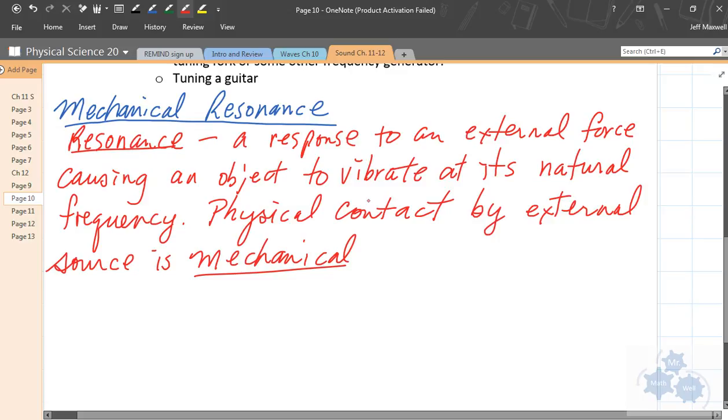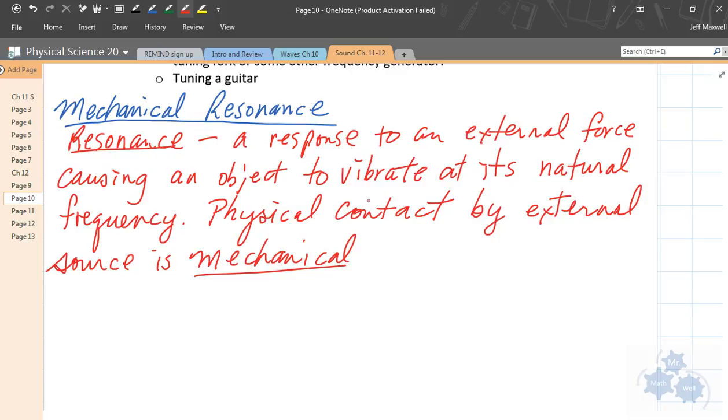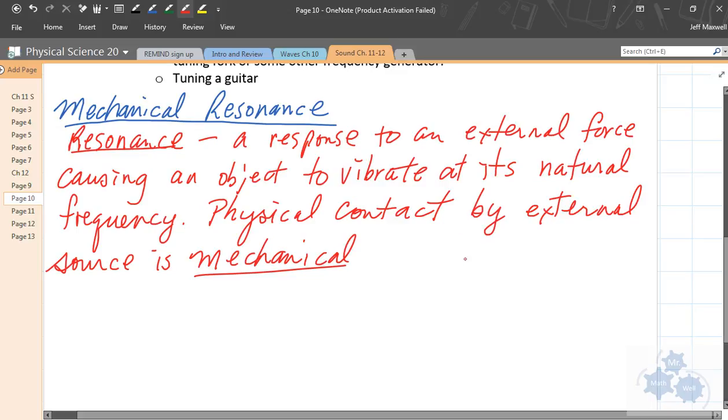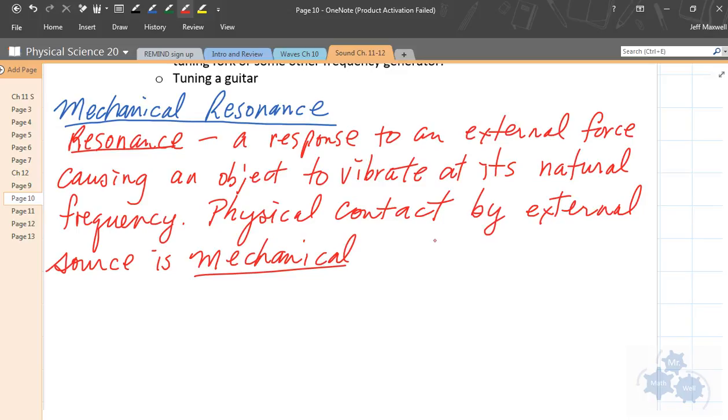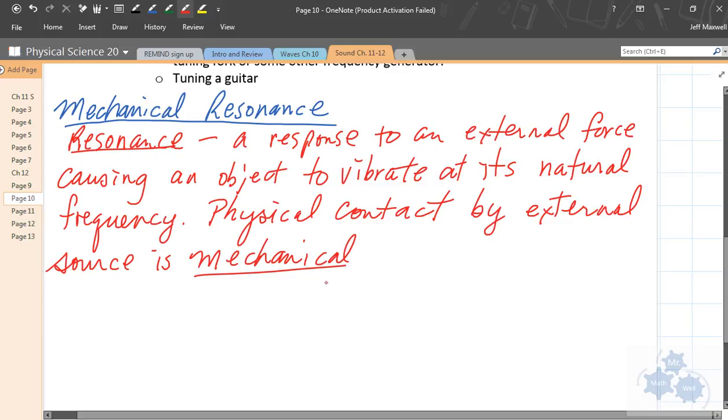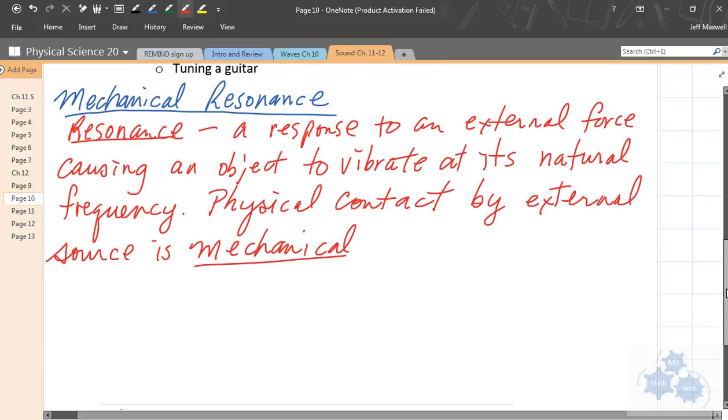In simple terms, mechanical means physical contact. If you're rocking a car because it's stuck in the snow, you're pushing on the car, and as it moves, it is naturally moving. It goes one way, and then gravity or whatever pushes it back, and you match that back and forth. That's mechanical. You're actually touching it.